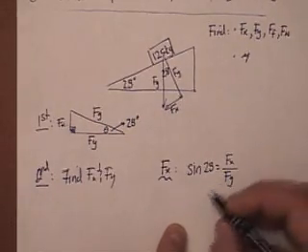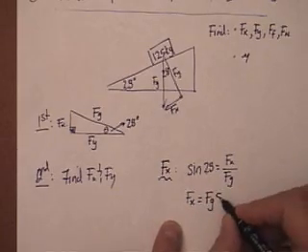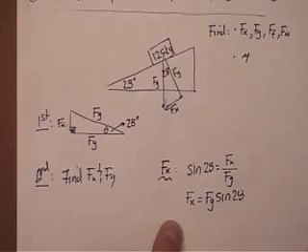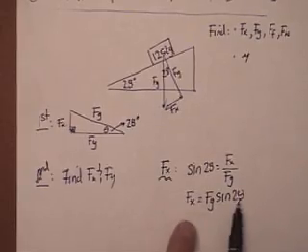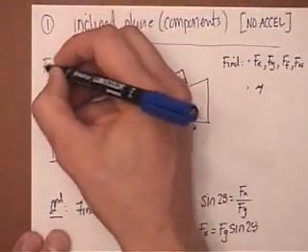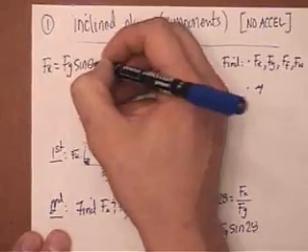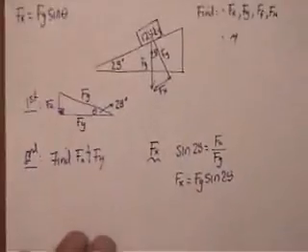I want to find Fx. So Fx is going to be Fg sine 28. And actually, because I see this here, I might as well go up and write my general situation for Fx. It's going to be Fg sine of theta. I'm just keeping that up there because I have space.